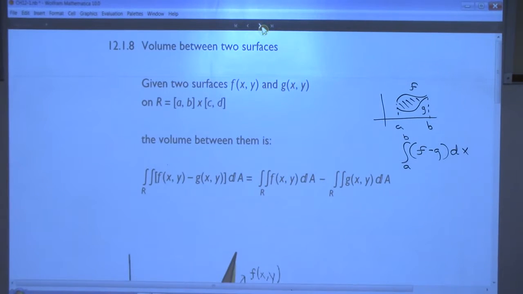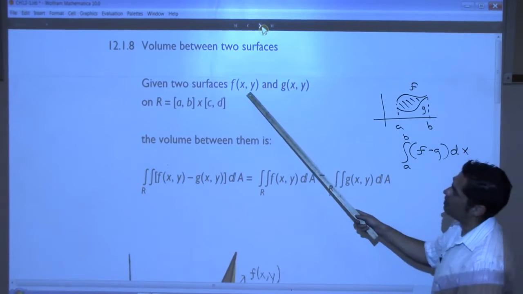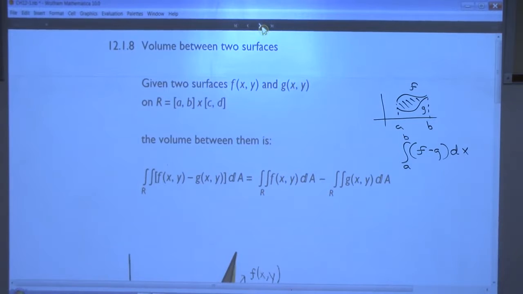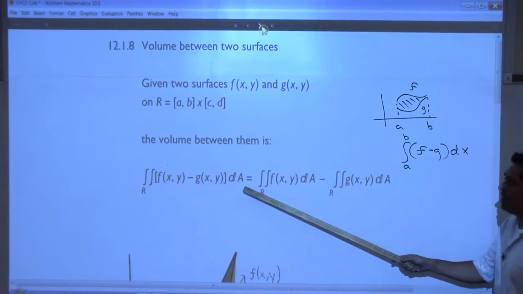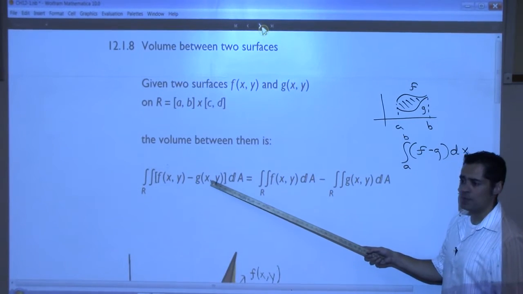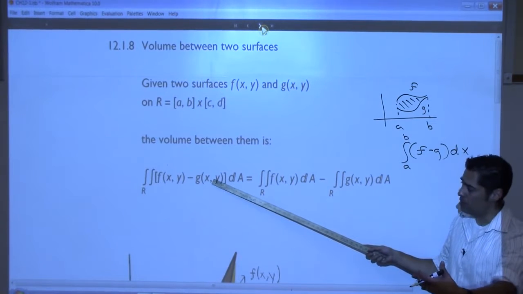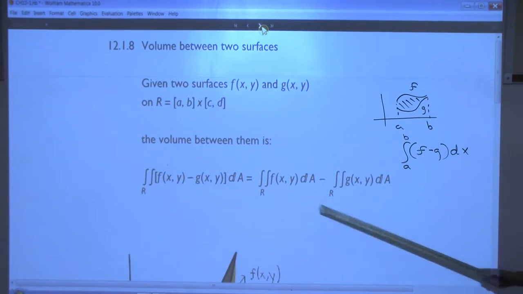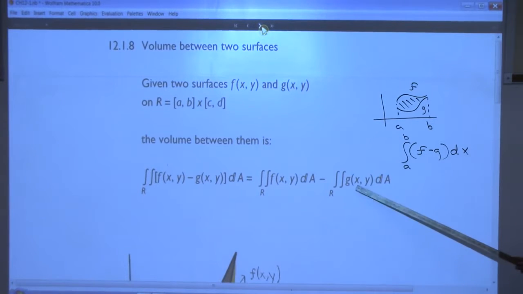We have the exact same thing for the volume between two surfaces. If you're given two surfaces, f of x, y, and g of x, y, on some rectangular region, then the volume between them is the difference between the functions. But because of properties of double integrals, I can split it into two separate ones, right? So it's just here's the volume under f, subtract the volume under g.